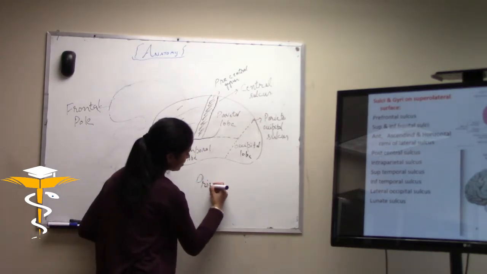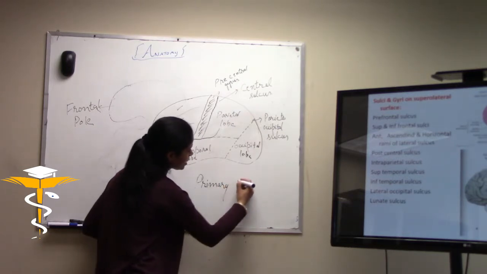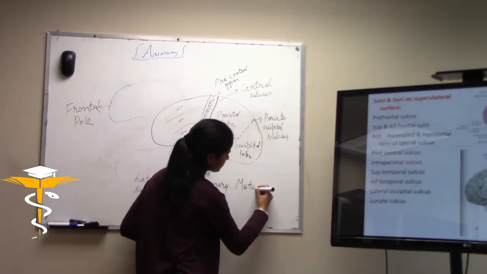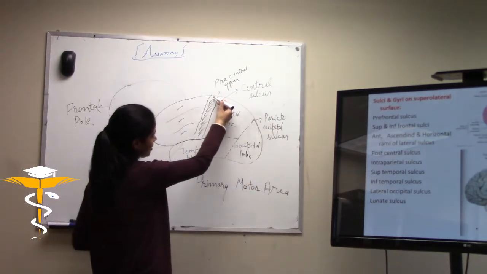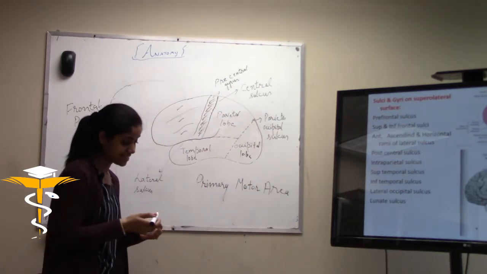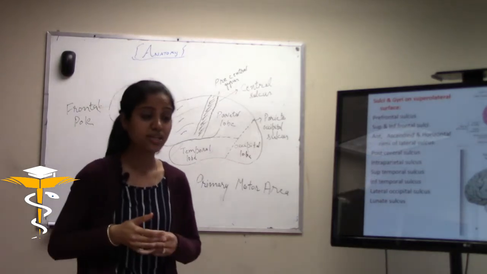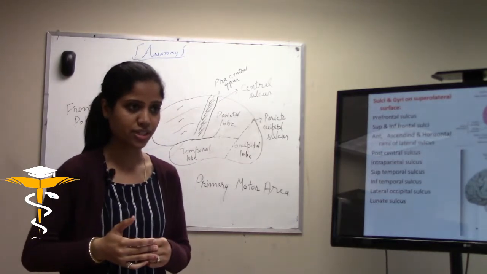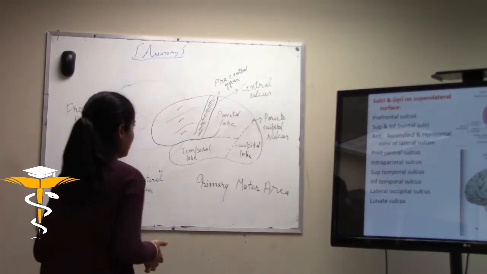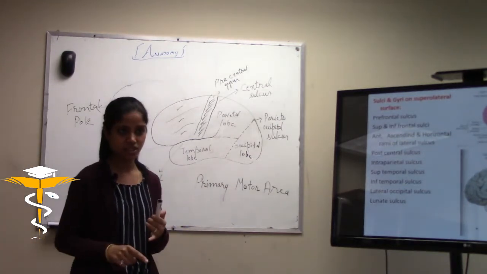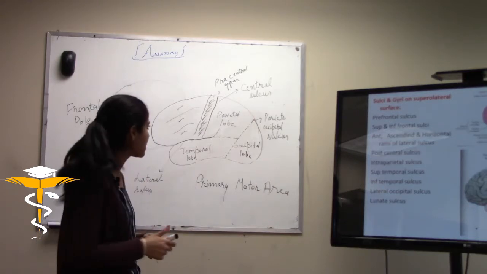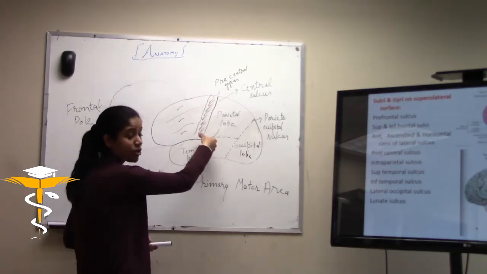What do we name it? Primary motor area. So the primary motor area of the cerebrum is located in the precentral gyrus, and it has the neurons which control all the voluntary muscles of the body. And what is the applied aspect of this? If there is any head injury or damage or rupturing of the artery supplying this gyrus, what will happen?